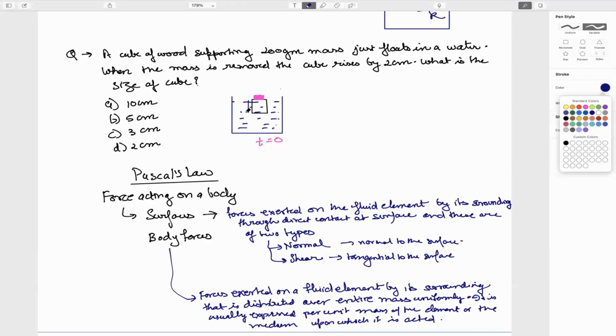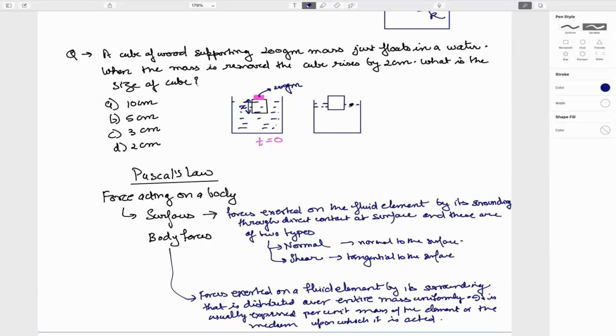Let's say the initial height of this block is x and this is of 200 gram. If we remove it, the new configuration is like this. The cube rises by 2 centimeter, so this length is now 2.